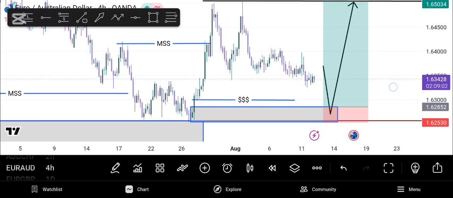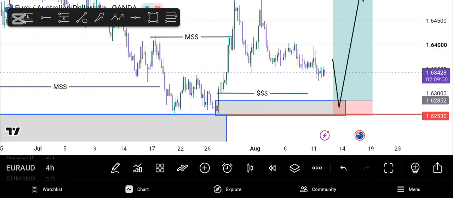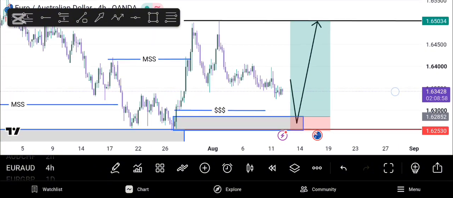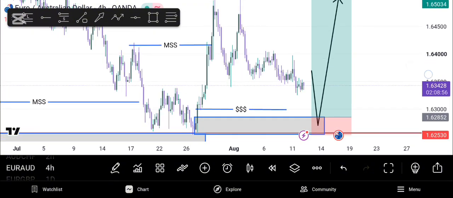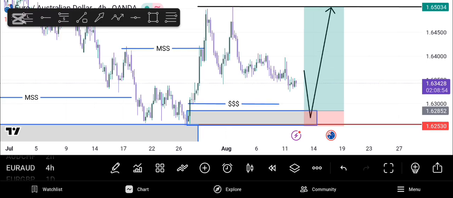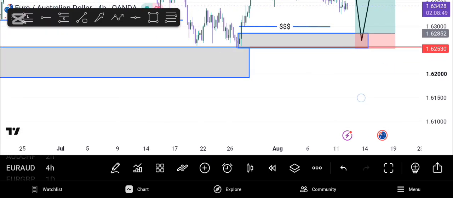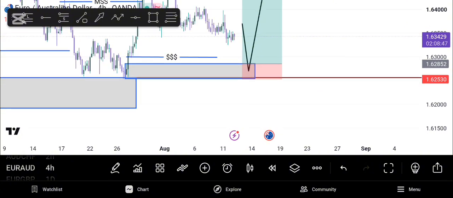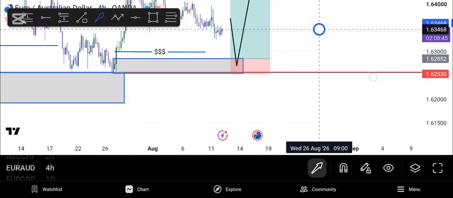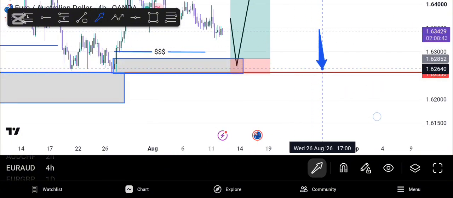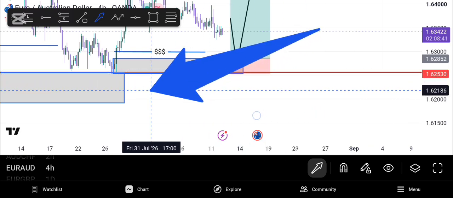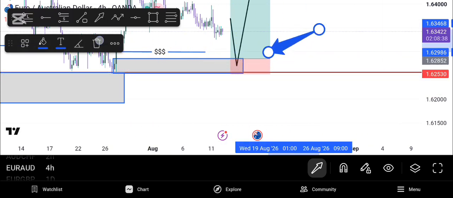So this is my analysis on Euro AUD. You can take a screenshot of the chart to see where I'm looking at price. Remember, first of all we have a weekly level right here, represented by this red line, and then we have this daily order block that has been mitigated.